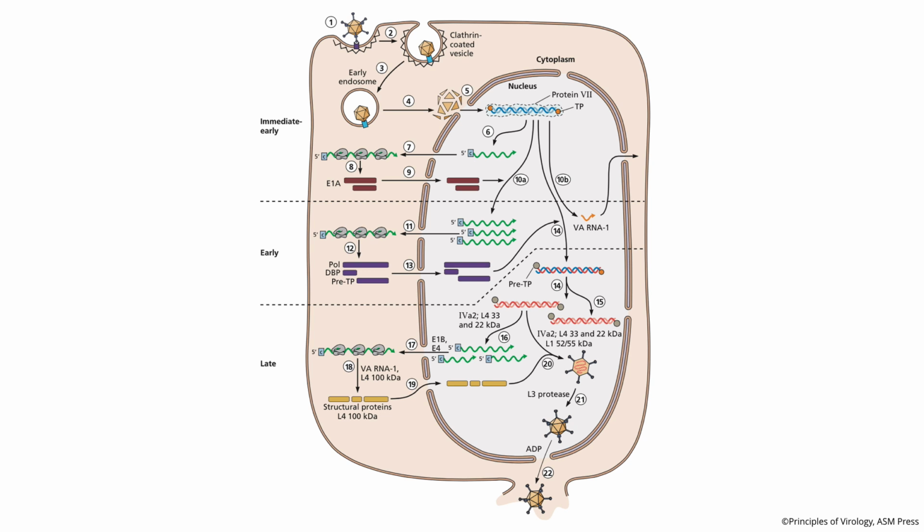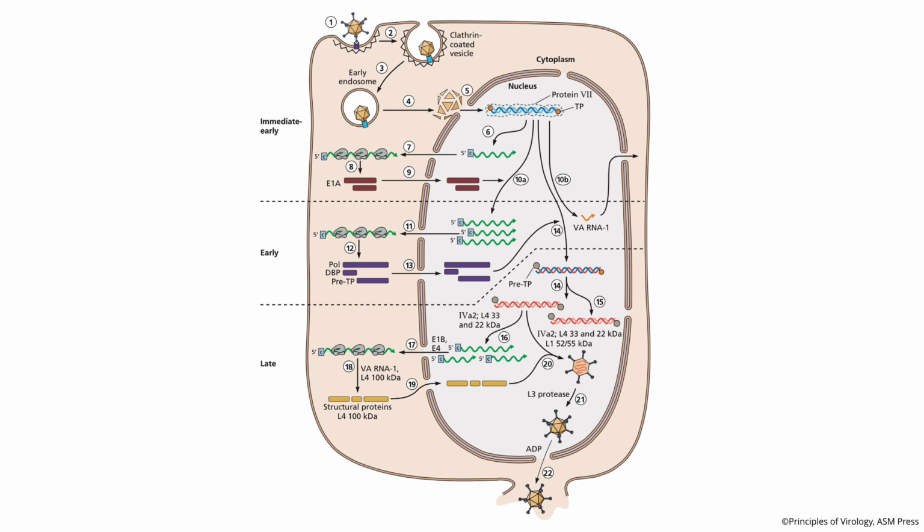All right, so the only promoter that works well on the DNA as it comes in the cell is the immediate early promoter. All the other promoters are silent until those immediate early promoter products, E1A, come on and allow the synthesis of the early genes. And then finally, after DNA has replicated, that turns on the expression of the late genes. So here's the late phase of transcription here.